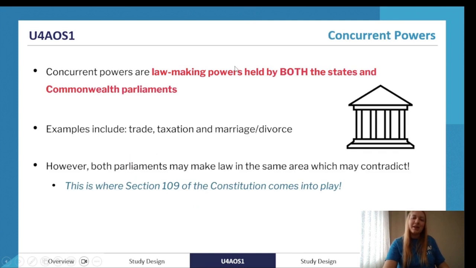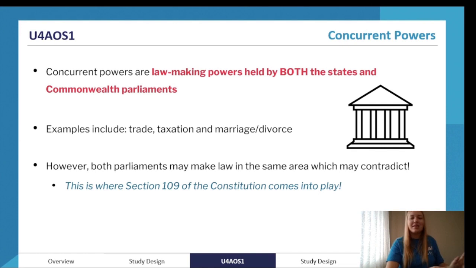So, next we'll have a look at concurrent powers. Again, a very self-explanatory title, which is very great. Concurrent is clashing. Both the states and the Commonwealth parliaments have powers in these areas, hence they're concurrent. Both the Commonwealth can legislate in these areas and the states can legislate in these areas also.